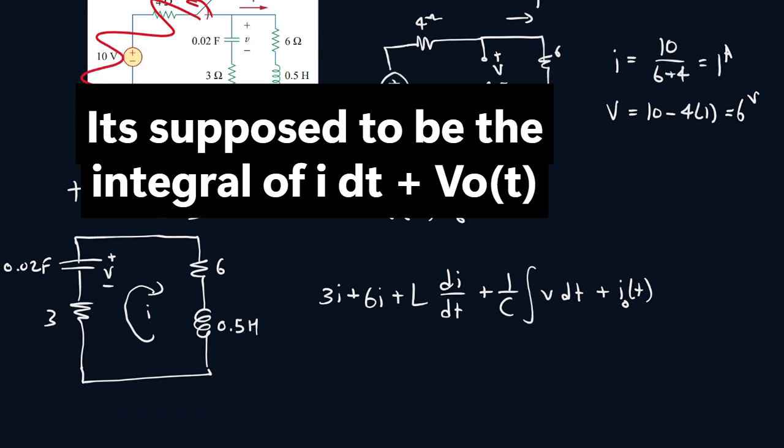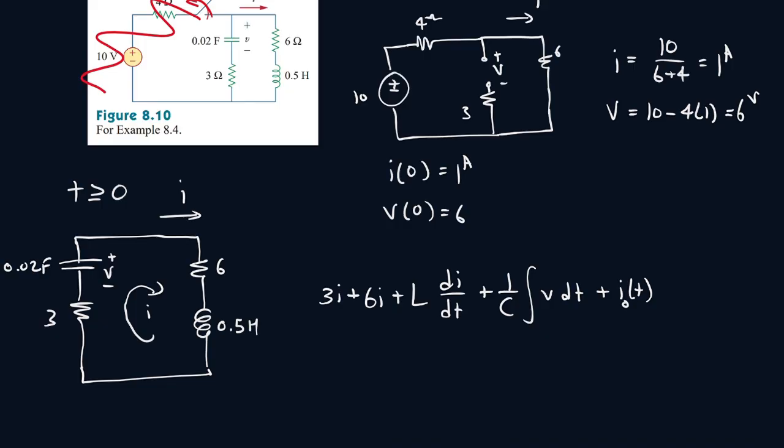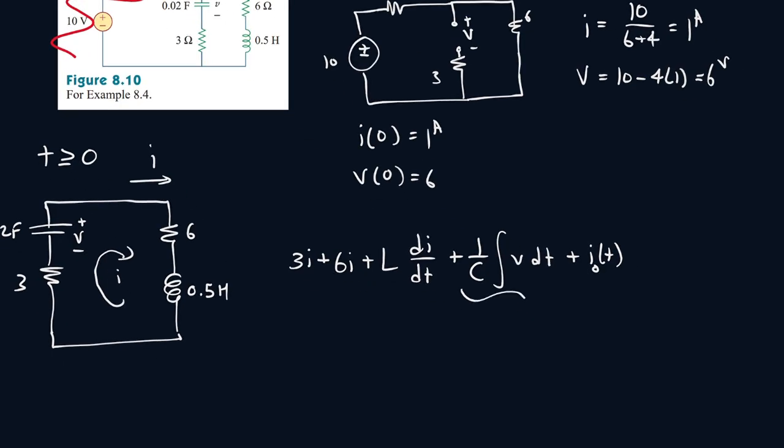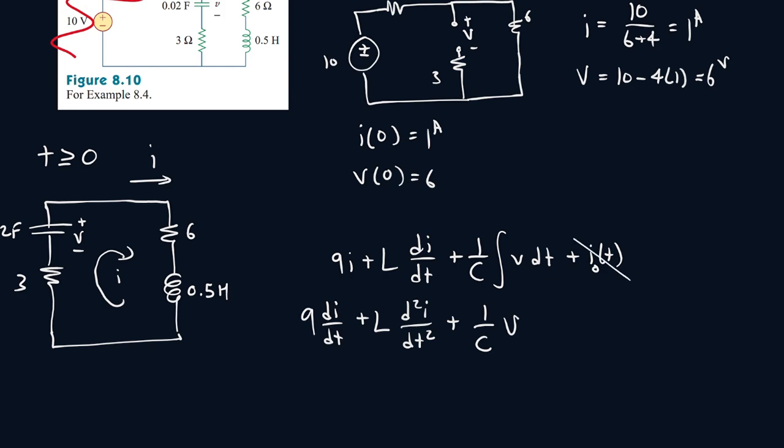Okay, so I'm gonna try and get rid of this integral. So what I'm gonna do is differentiate all of this. First, let me add these up. So it'll be 9 di over dt plus L d squared I over dt squared plus 1 over C times I. This is a constant, so this just cancels out.